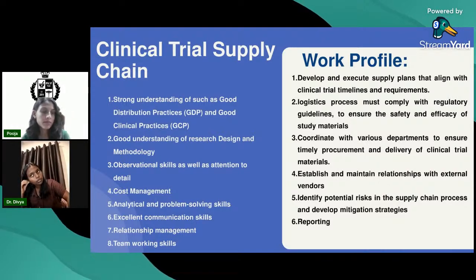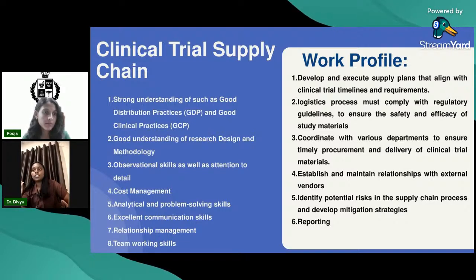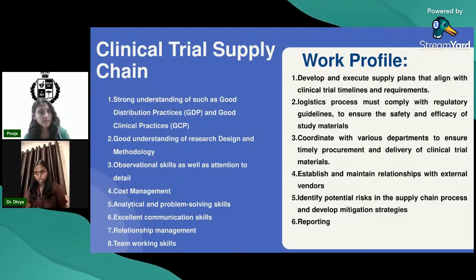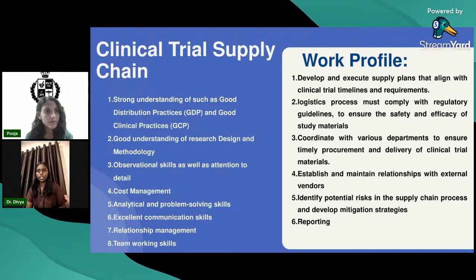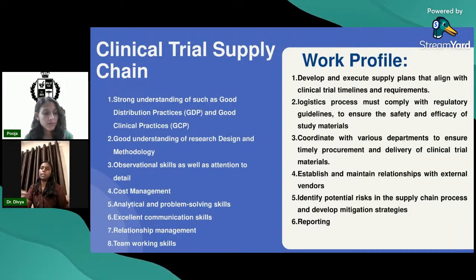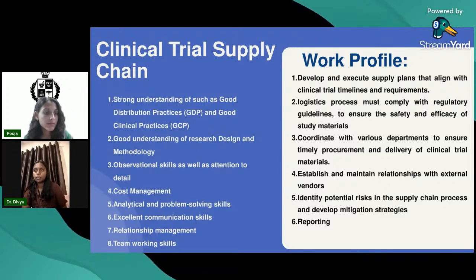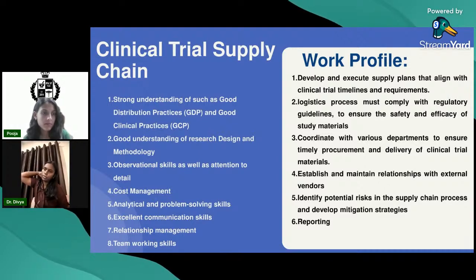So you will be the one who will be supplying them. These people will firstly develop a supply plan according to the requirements of the clinical trial. They will be involved in the logistic process, and they will comply with the regulatory guidelines. They will coordinate with various departments on what type of needs each department has, and what deadlines they have for those needs, so that they can be fulfilled by the clinical trial supply chain person.